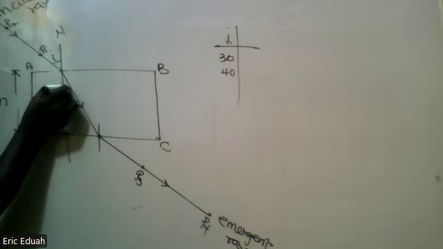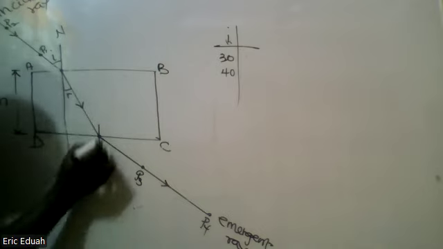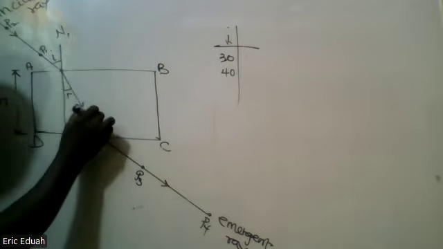So this gives us the angle of refraction, R. The angle between, this is normal 1 and then normal 2.